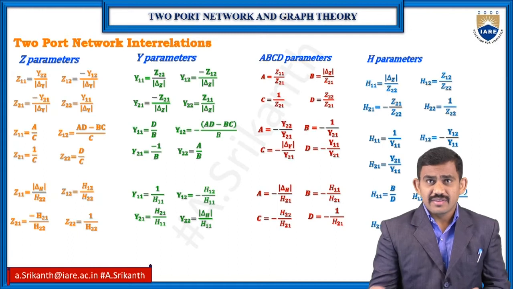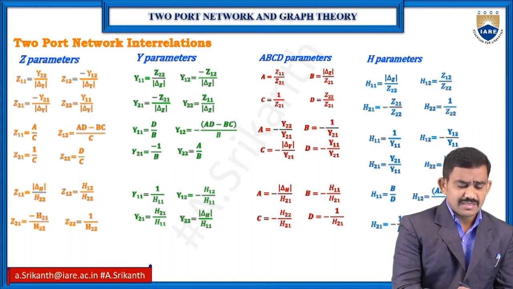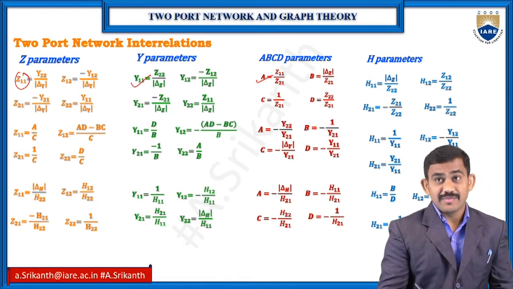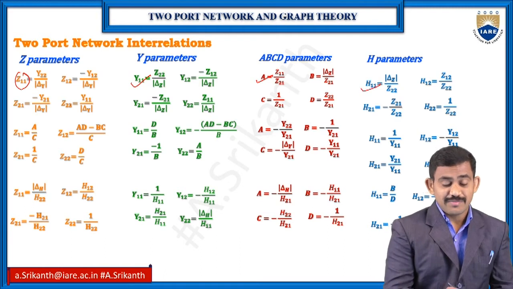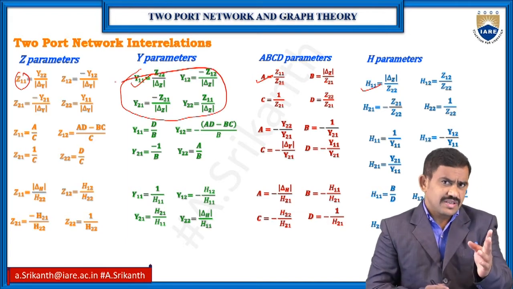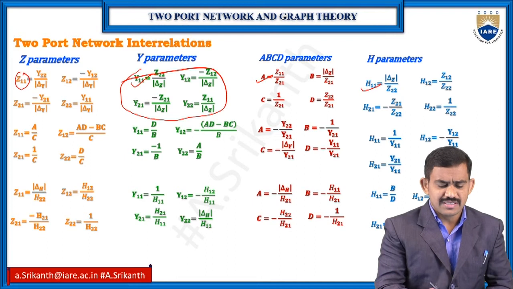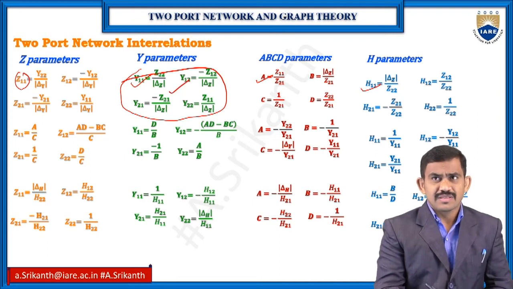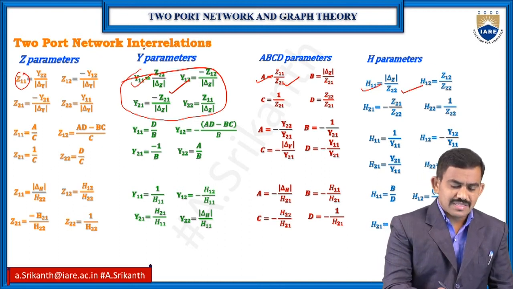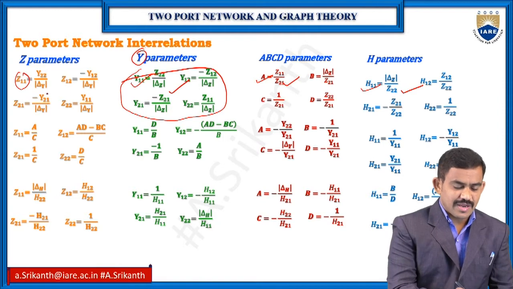So that is the internal relationship. Suppose I know the Z parameters. If I know the Z parameters, I can find out the Y parameters, ABCD parameters, and H parameters. Using these formulas, if you compare two equations, the Y parameter equation as well as the H parameter equation, we will get these formulas. Same for ABCD parameters as well as H parameters. And coming to Y parameters, if I know the Y parameters, I can find out the H parameters.